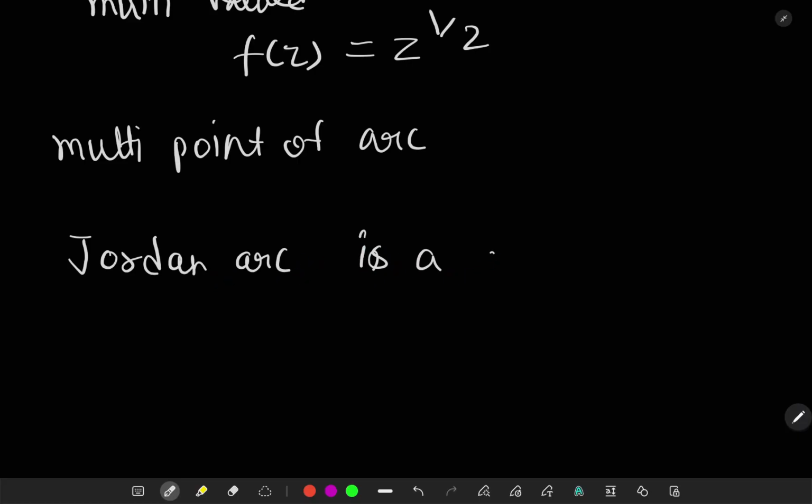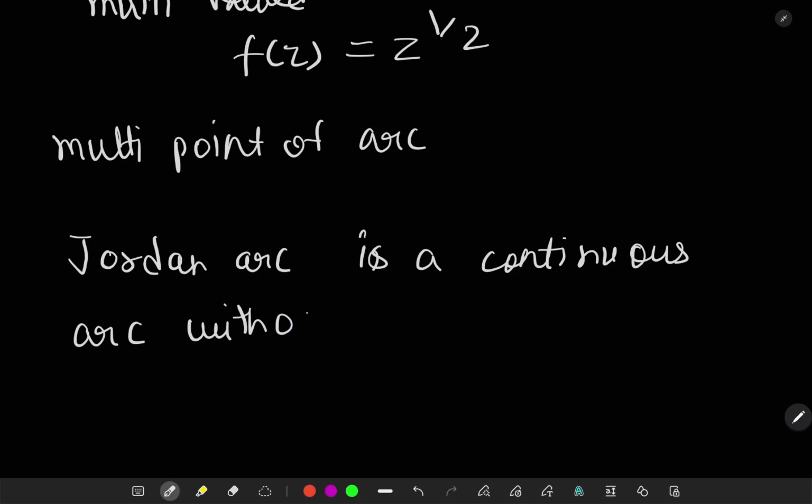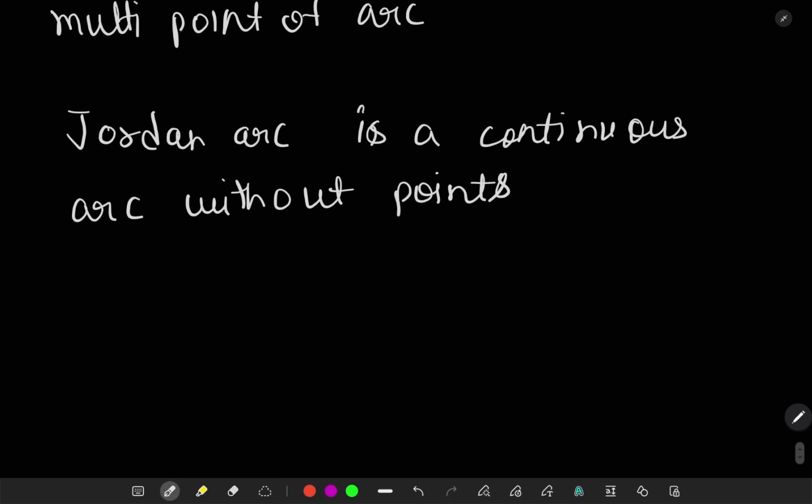It is a continuous arc without multiple points. Later we will do some questions on Jordan arc.